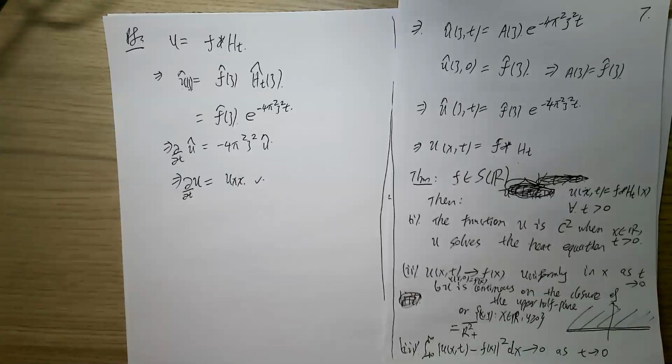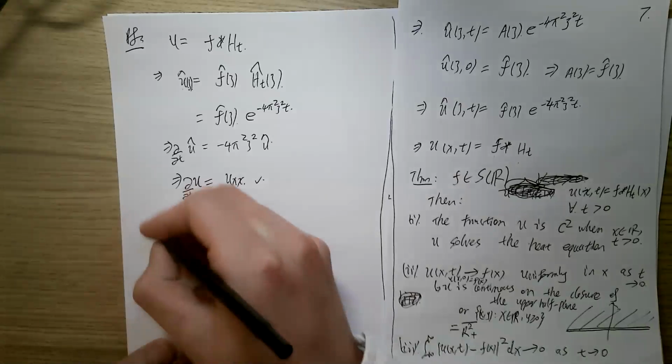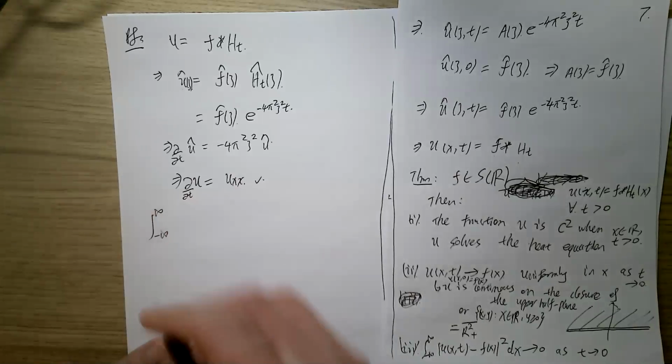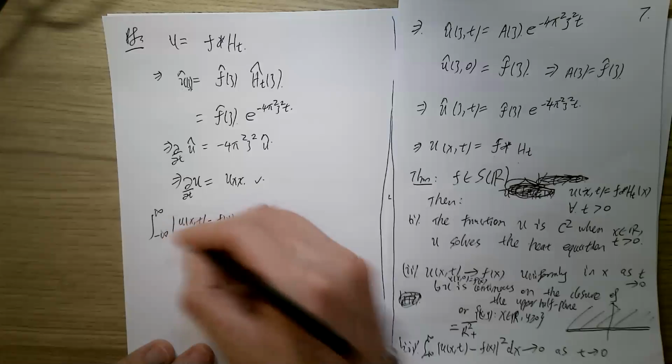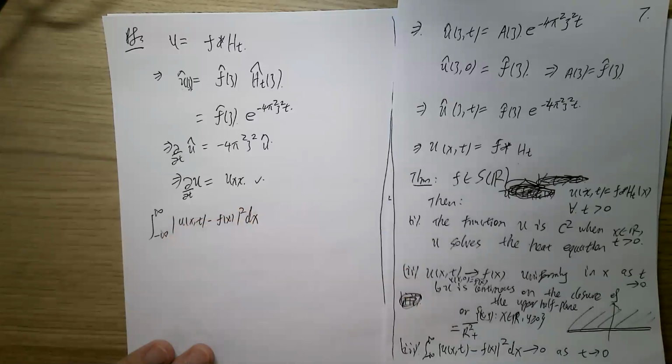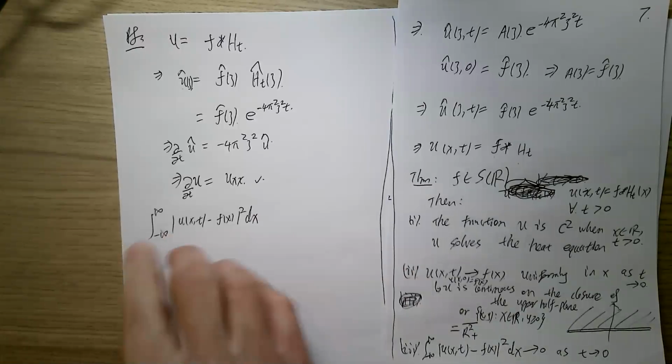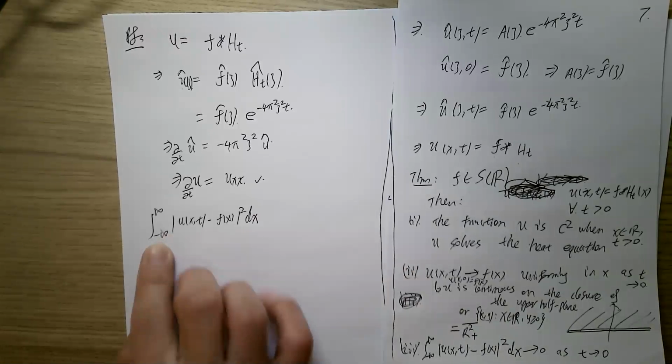The only thing that is different now is that u(x,t) minus f(x) tends to 0. This kind of thing is actually trivial in the periodic case, because in the periodic case you only take the integration over a finite domain, from minus pi to pi.